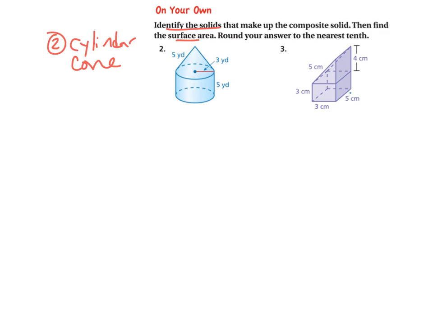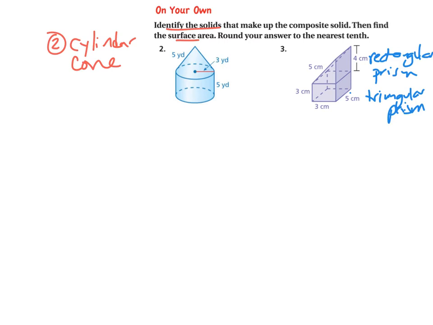The bottom is a rectangular prism. And the top looks like a triangle on the end, so this one is a triangular prism. Okay, and you're going to use the surface area of those 2 things to find this total.